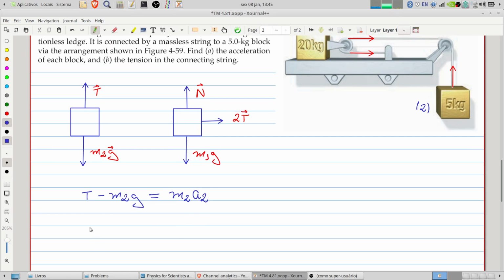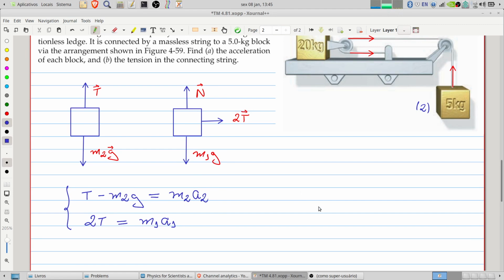And for the block number 1, we'll have 2 times the tension equals the mass times acceleration. 2 equations and 3 unknowns, the tension and the accelerations.